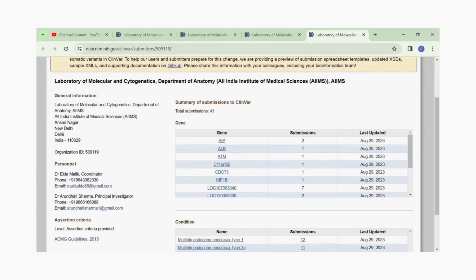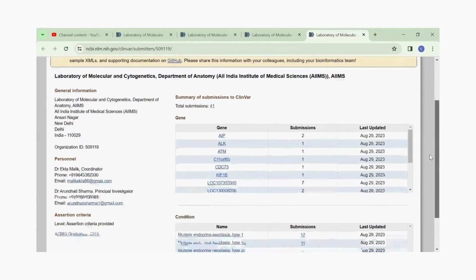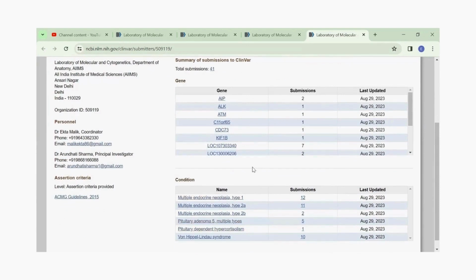So these are the genes in which I have got the variants. These are their associated diseases, and I have followed the ACMG 2015 guidelines for interpretation. So in this particular video, I would like to share my experience of how I interpreted or classified my variants.